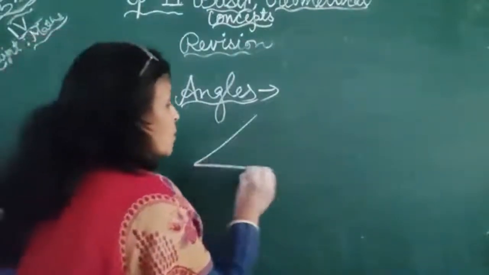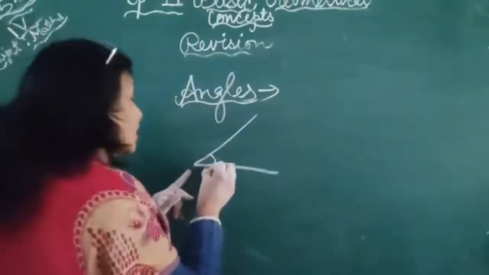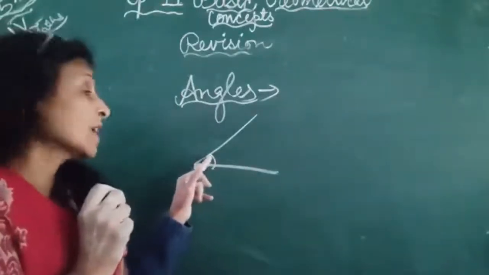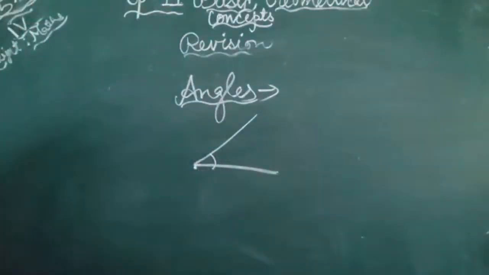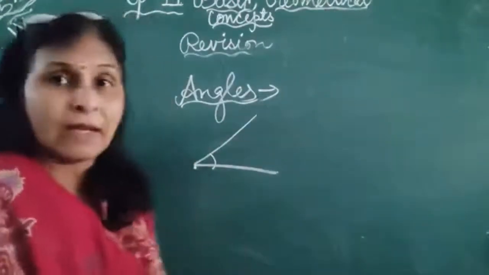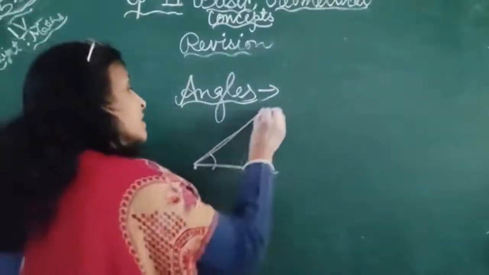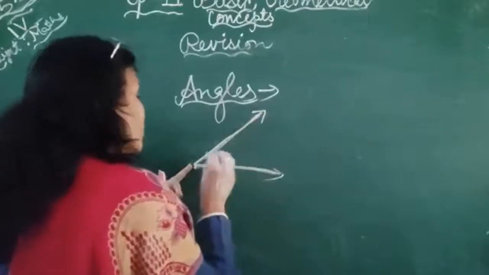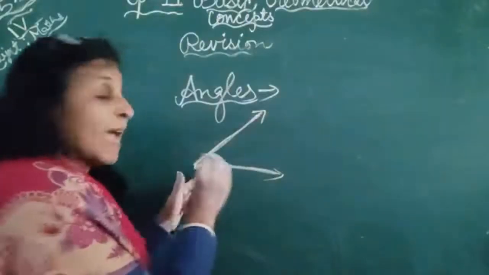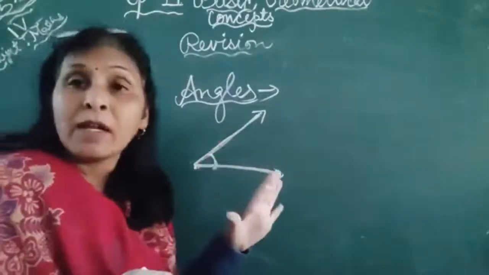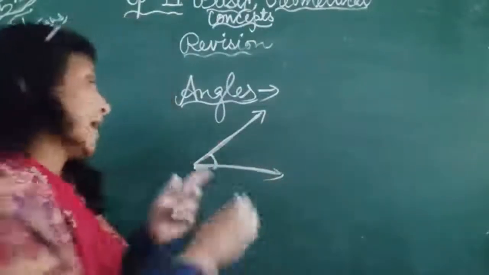That is, the 2 rays joining at their initial point, then we say that this is the angle. Here the two rays, this is 1 and this is 2, and here we formed an angle. Clear? Now in angle, how do we give the name of the angle?